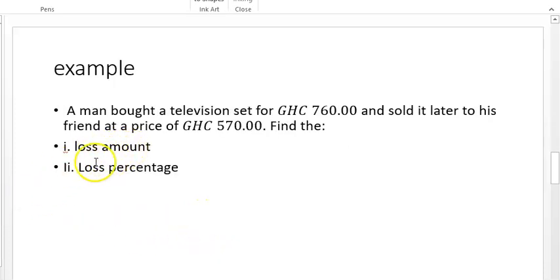Very nice question here. A man bought a television set for 760 Ghana cedis and sold it later to his friend at a price of 570 Ghana cedis. Find the loss amount, then also find the percentage. So loss is equal to cost price minus selling price. What's the cost price here?